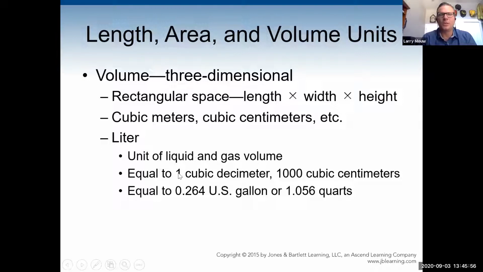In the SI system, it could be in cubic centimeters. For the US, we may use gallons or quarts in determining that volume. Now, this volume may be a liquid or a gas inside that container.